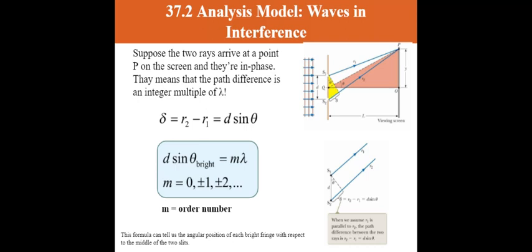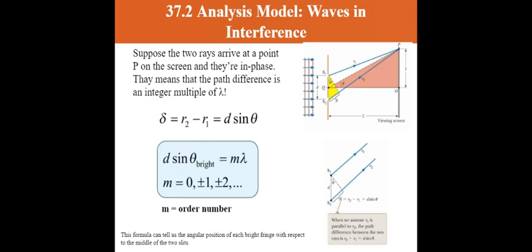So when m is 0, that tells you the path difference between R2 and R1 is 0. That's a 0th order maximum. That's right at point O, the center of the screen. As m increases, either positive or negative, you're looking at maxima, bright fringes, farther and farther away from the center.